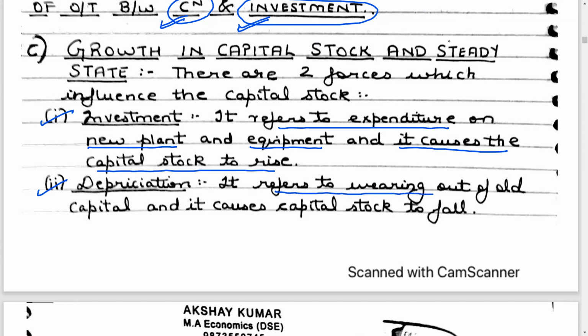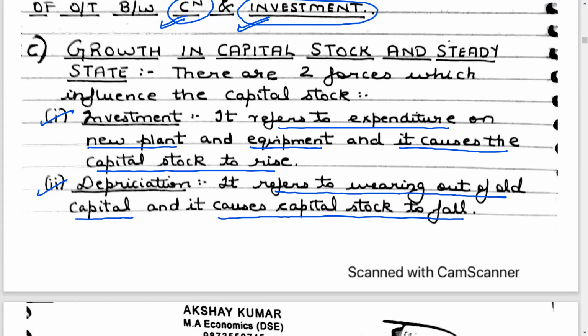Depreciation refers to the wearing out of old capital, and it causes the capital stock to fall. Students in commerce and accountancy have done the concept of depreciation in depth. But in economics, depreciation simply means that your capital stock is depleting in terms of value. It's wearing out.